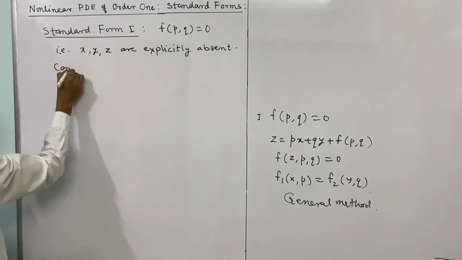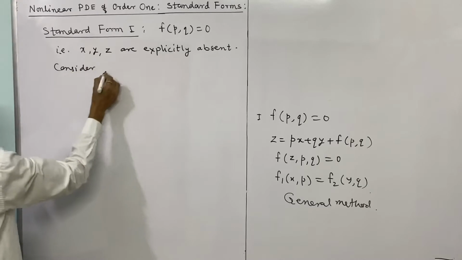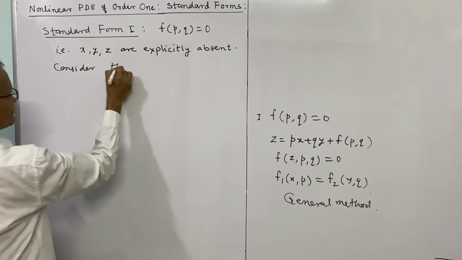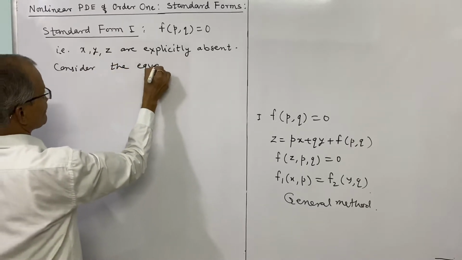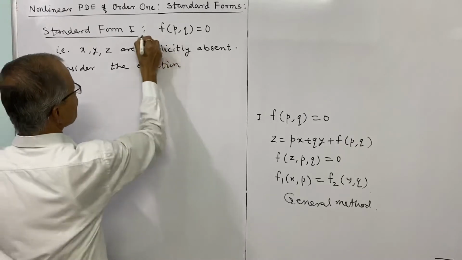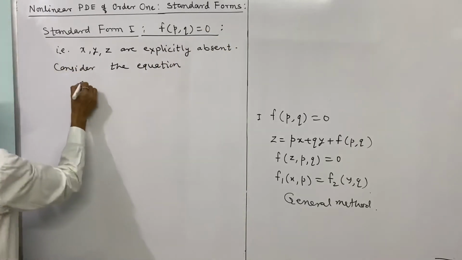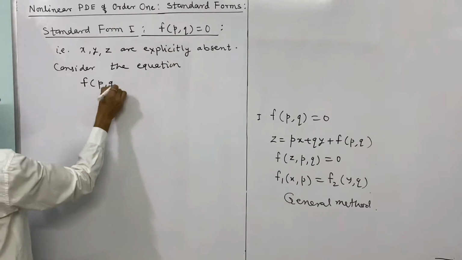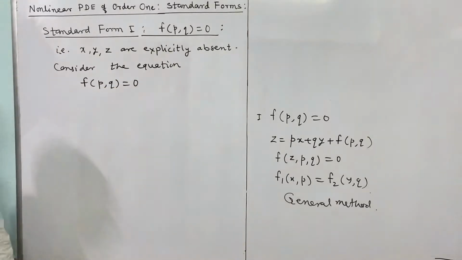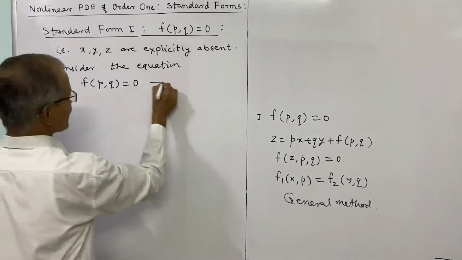Consider the equation f of p and q is equal to 0. Now we will suppose this as 1.